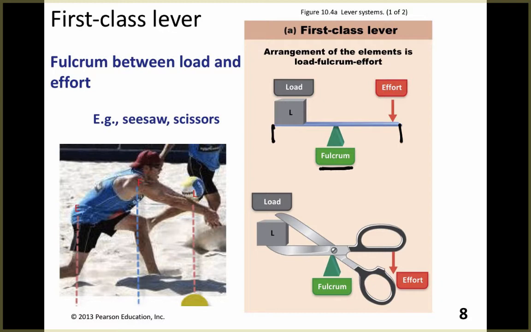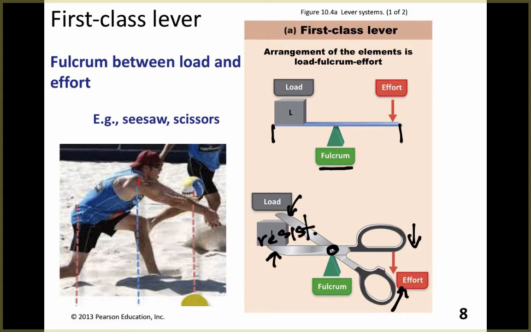And you can see here the perfect example of this is a scissors. This is the point that's stationary. This is when you bring in the handles to create effort to try to cut through whatever resistance you have here.